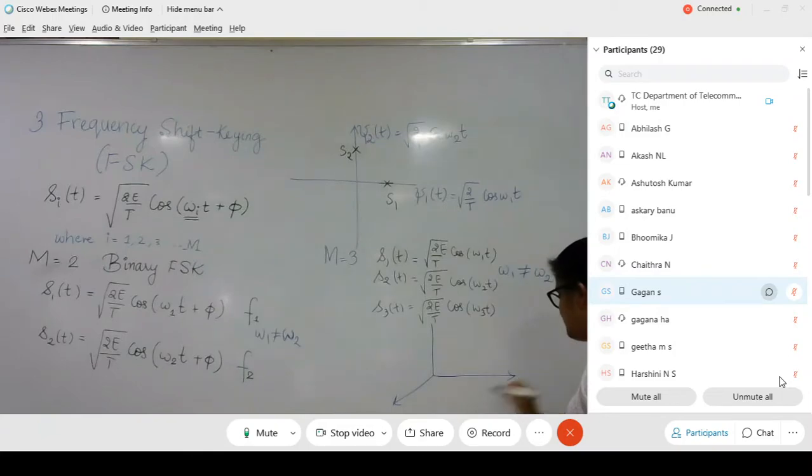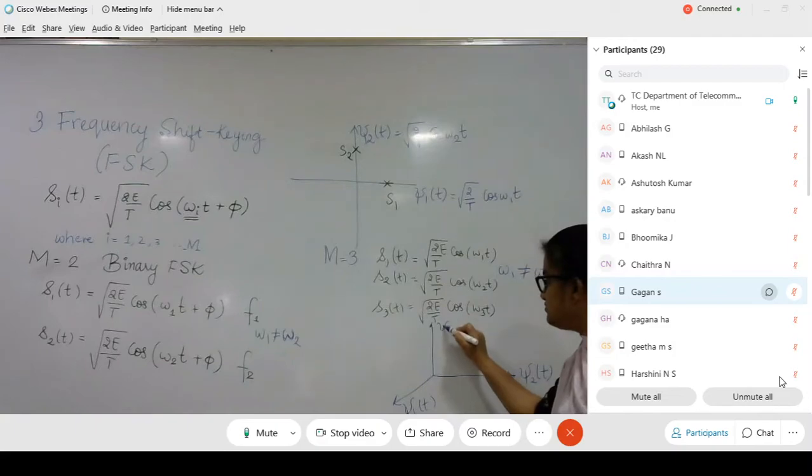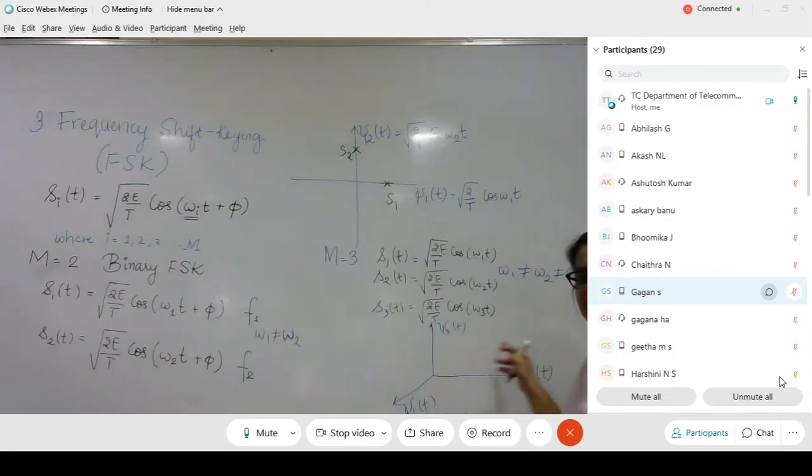So xi1 will be along the x-axis, xi2 along the y-axis, and xi3 along the z-axis. This is to signify that they are orthogonal to each other. I am mentioning this in terms of xyz to say that xi1 is orthogonal with xi2, xi2 is orthogonal with xi3, xi3 is orthogonal with xi1.